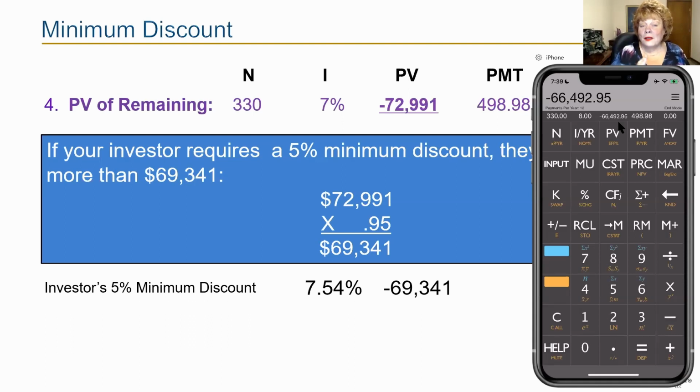And something that you need to keep in mind, do you see how those are inversely proportional? The higher the rate of return that the investor wants, the less he's going to pay. So when you're running numbers, you need to know that as the interest rate goes up, the present value is going to go down, unless something else changes in the deal.